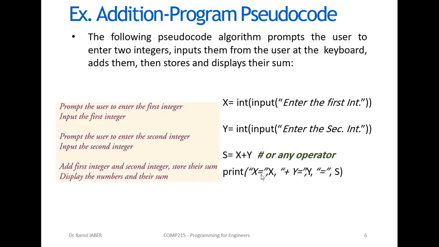You can write it like that or something else. We'll learn many different ways later. So this is pseudocode. We write the algorithm in pseudocode, then convert it to Python code.